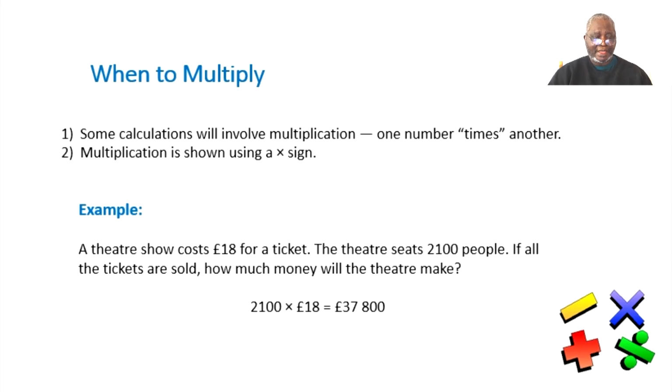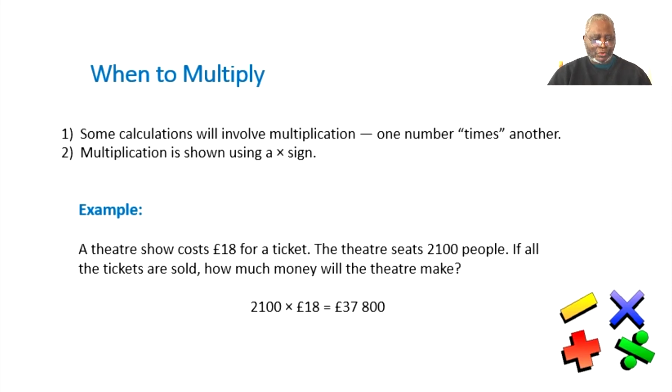You cannot add £18 2,100 times without a computer, without a calculator. So you have to use a shortened form of addition, and that is crucial. Multiplication is a shortened way of adding over and over and over again. And it's important that you know your multiplication table.